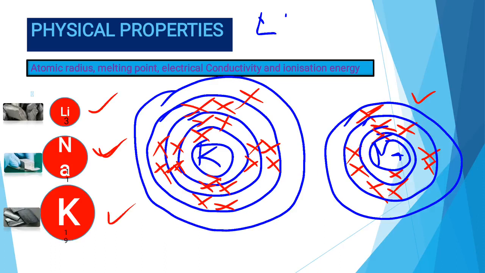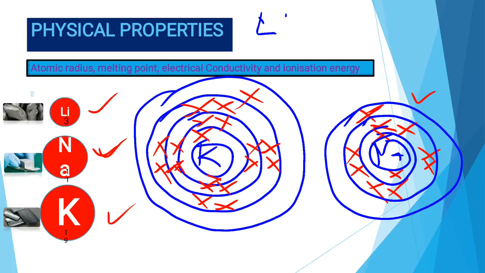The melting point can be explained by the fact that lithium has a smaller size. Therefore, its atoms are able to pack more closely to each other compared to potassium and sodium.